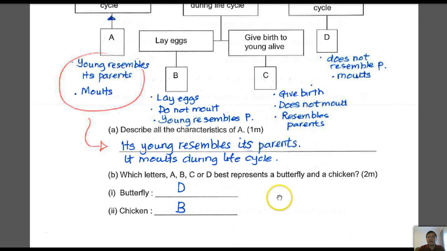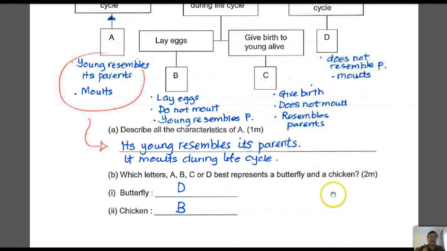Then which letter, A, B, C, D, represents the butterfly and the chicken? Well, you need to have the knowledge that the butterfly, the caterpillar, molts. They have a 4-stage life cycle, and their young do not look like the parents. For this case, the young look like the parents.